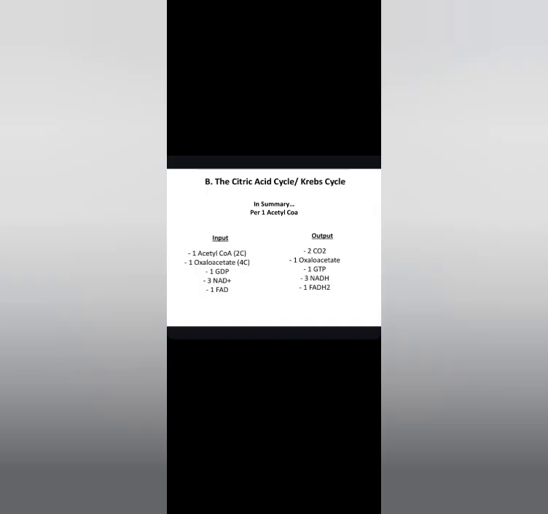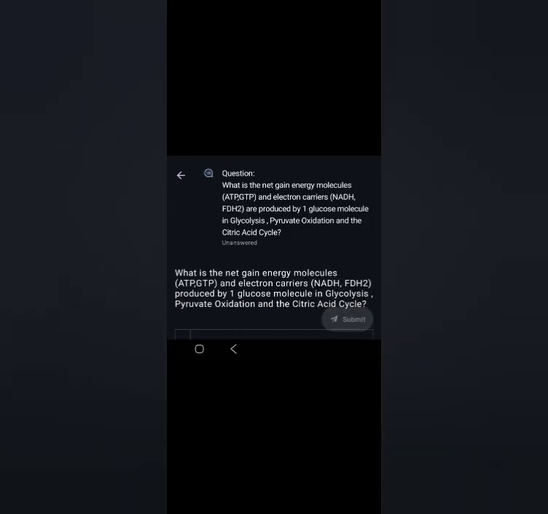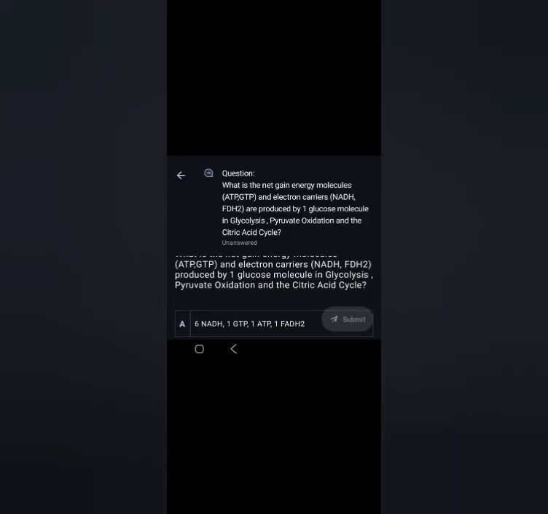Which brings me to my question. What is the net gain of energy? So ATP, GTP, and electron carriers produced by one glucose molecule in glycolysis, pyruvate oxidation, and the citric acid cycle. I will give you a couple of minutes. You have the TA for help. This is the level of detail that you need to understand also for the exams, the intermediate steps, but also what comes out energy-wise.